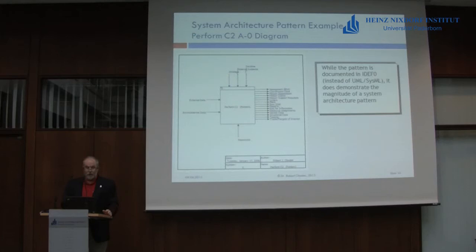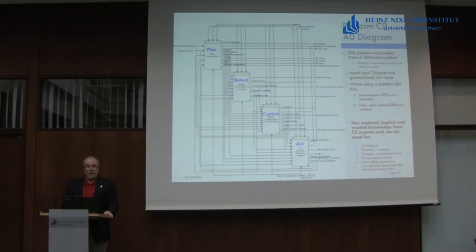However, as I started looking around, I found that I could find the next level of decomposition for that. And I found that they had used plan, detect, control, and act. And it had all of the interfaces between each of those submodules or subsystems, whatever your nomenclature is.